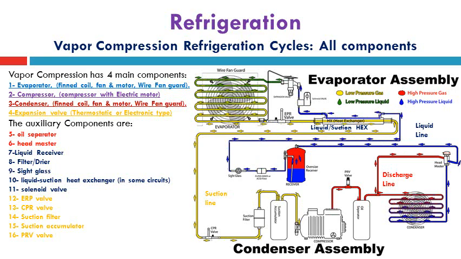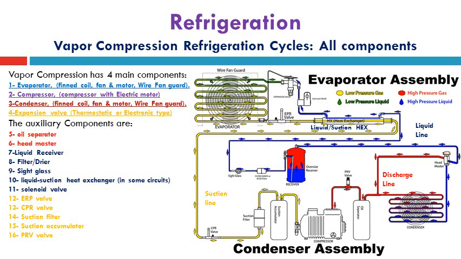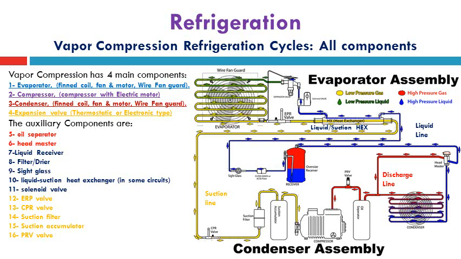Yellow is for the suction line, and red is for the discharge line, which is at maximum temperature and very hot, so you must not put your hand on any part of this line. And finally, the liquid line is marked by blue color.